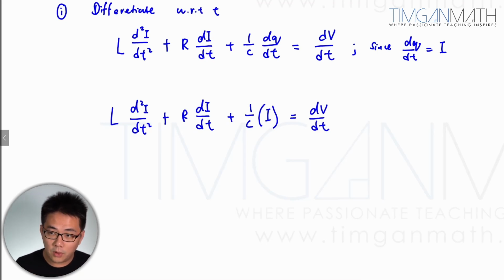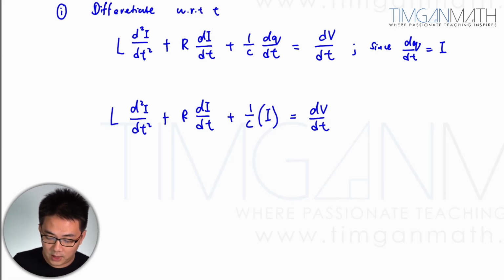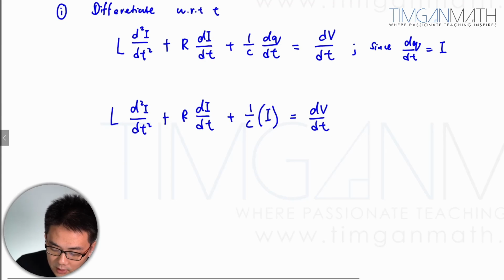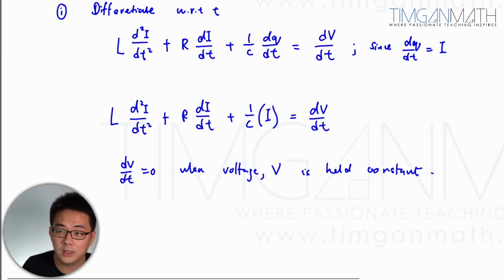Now the question is when would this be 0. Obviously, it would be 0 when V is a constant, when the voltage is held constant throughout the power source. In other words, dV over dt equals 0 when the voltage V is held constant throughout the circuit.